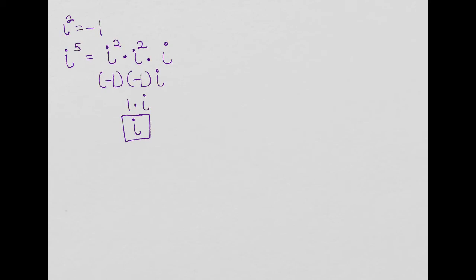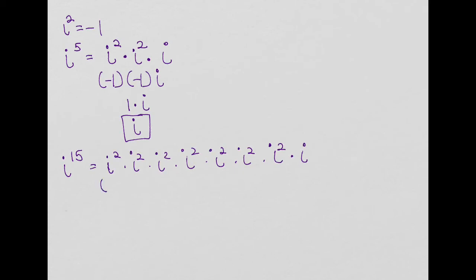And that's fine, we could do that, but if we have a bigger number, like i to the 15th, and we try to write this in terms of i squared, we'd have to write this out as i squared. There's 2, 4, 6, 8, 10, 12, 14 plus 1 more, right? So we'd have to write these all out like this, and we'd replace each of these with -1.